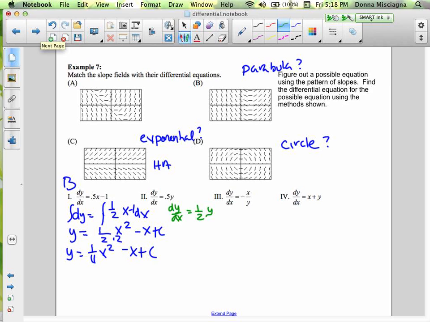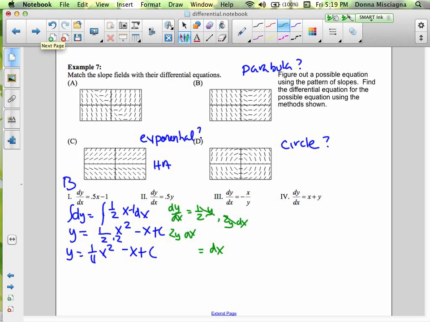The y's got to move because the dy is in the numerator there. And I need the y on the other side. So we're going to multiply by 2y. If I multiply both sides by 2y and dx, over here this will cancel, so I'm going to have just a dx.